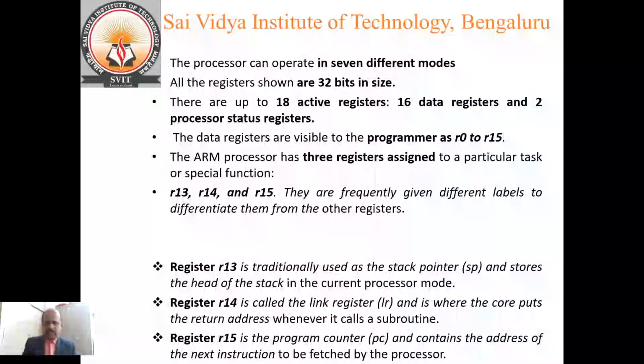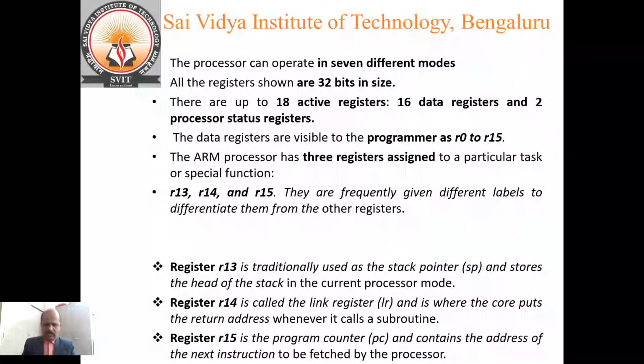The ARM processor has 3 registers assigned to particular tasks or special functions. They are frequently given different labels to differentiate them from the other registers. Register R13 is traditionally used as the stack pointer.